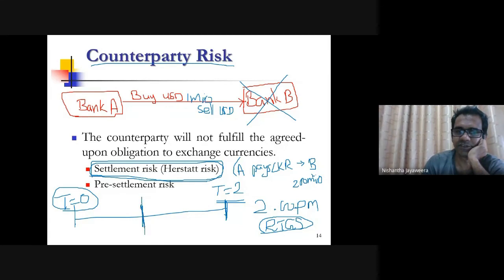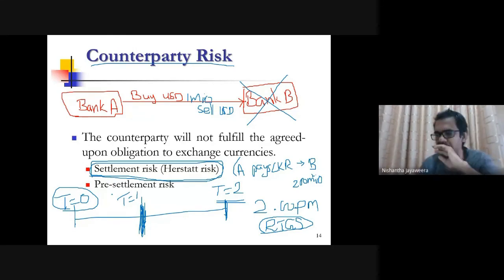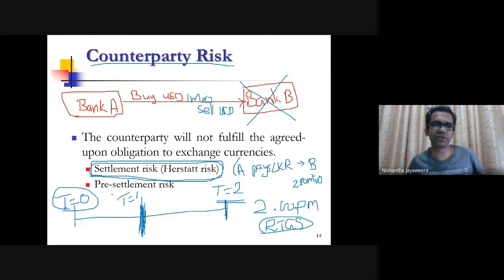The German regulator closes the operation of Herstatt on T plus 1. Then what would happen for these parties? They have not made any payment. They can cancel their transfers. Not only that, nobody will accept that because now the Herstatt bank is no longer there.